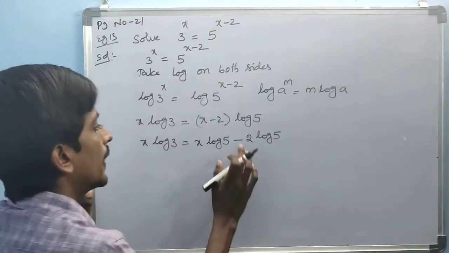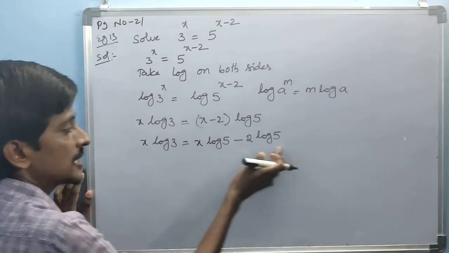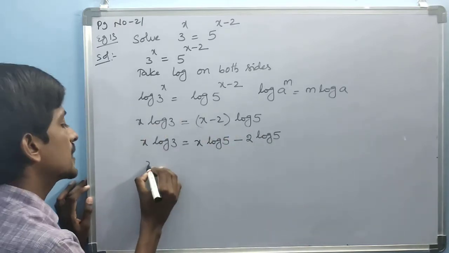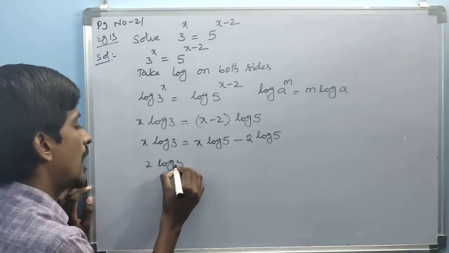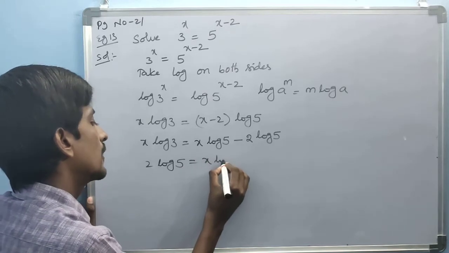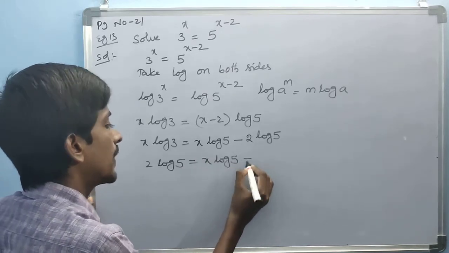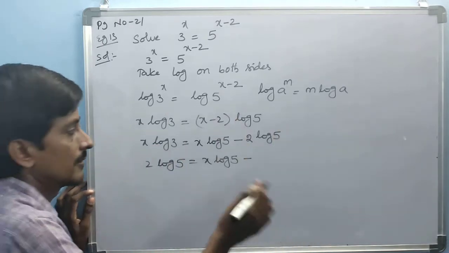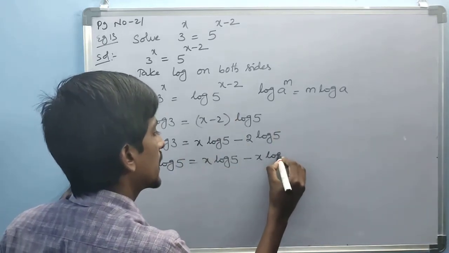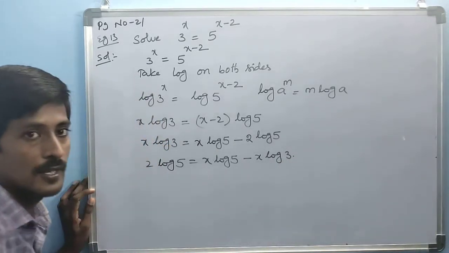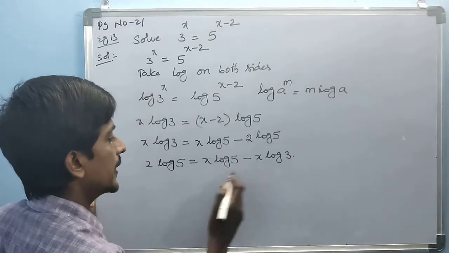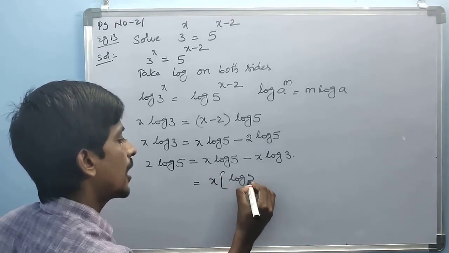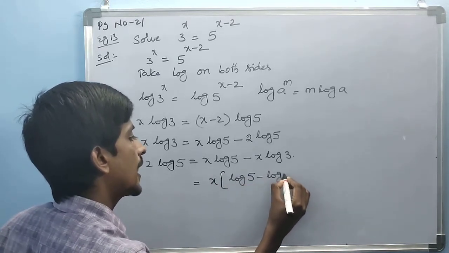Okay. Minus 2 log 5, transferring to this side, plus 2 log 5. 2 log 5 equals x log 5, and x log 3 transferring to that side, minus x log 3. Okay, what is common here? x. Take x common: log 5 minus log 3.